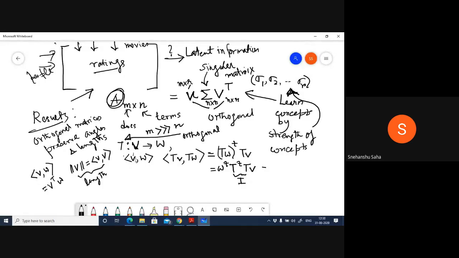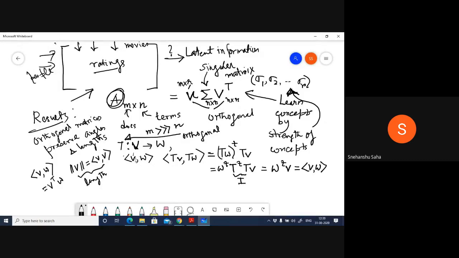Therefore, what I have is W transpose V, or in other words, VW. Or in fact, this is WV, but inner products have a symmetry property: WV is nothing but VW. So what this tells me is that orthogonal transformations under the inner product preserve your length.